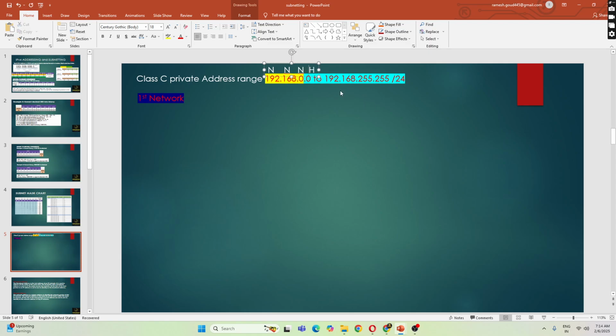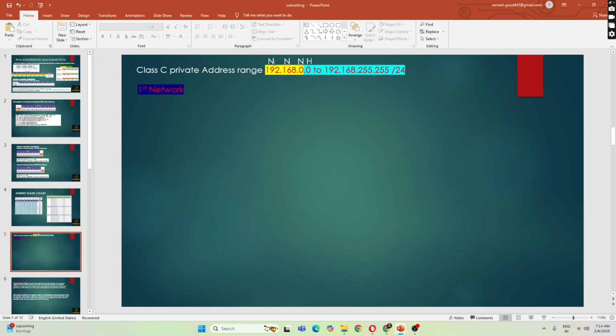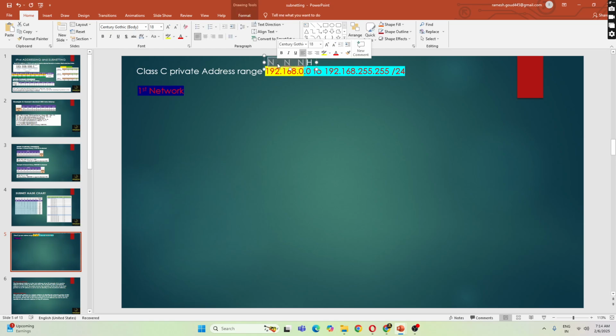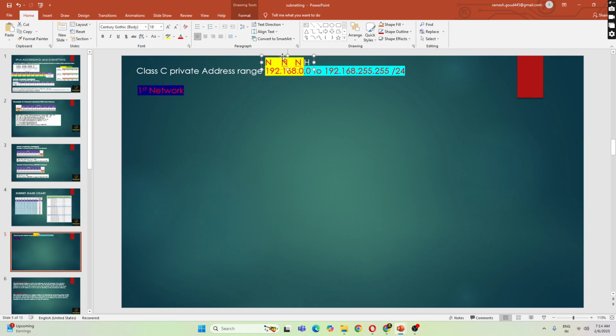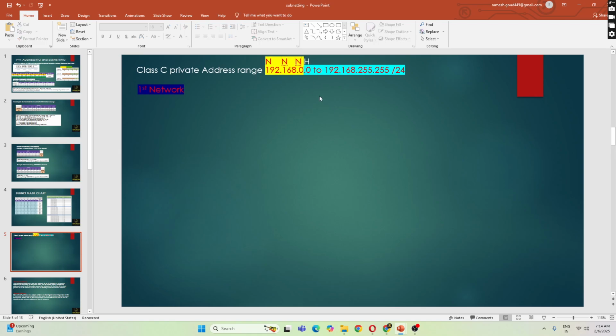Three octets, all fixed. It means all are ones. You cannot change anything. Understood, guys? The network bits are fixed. You cannot change these.